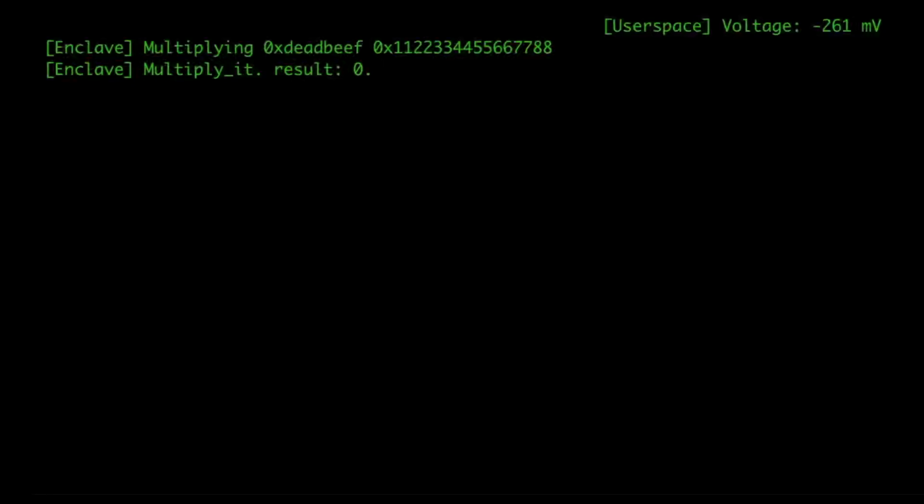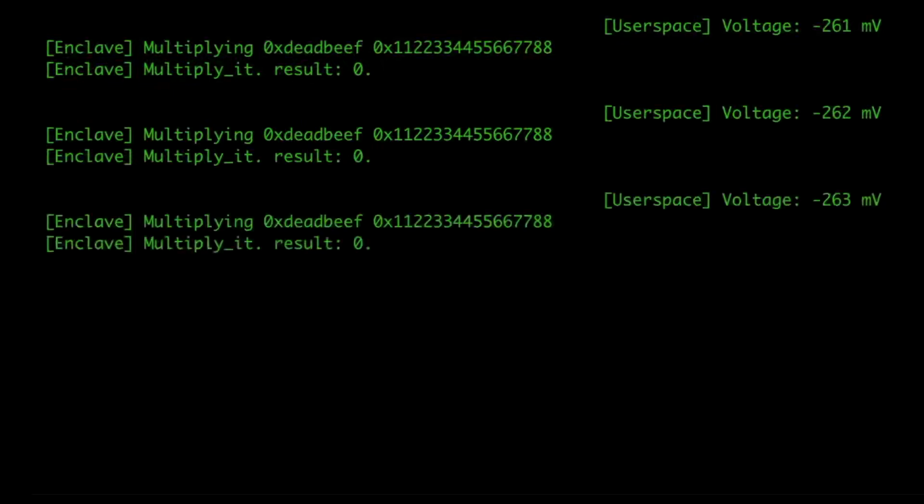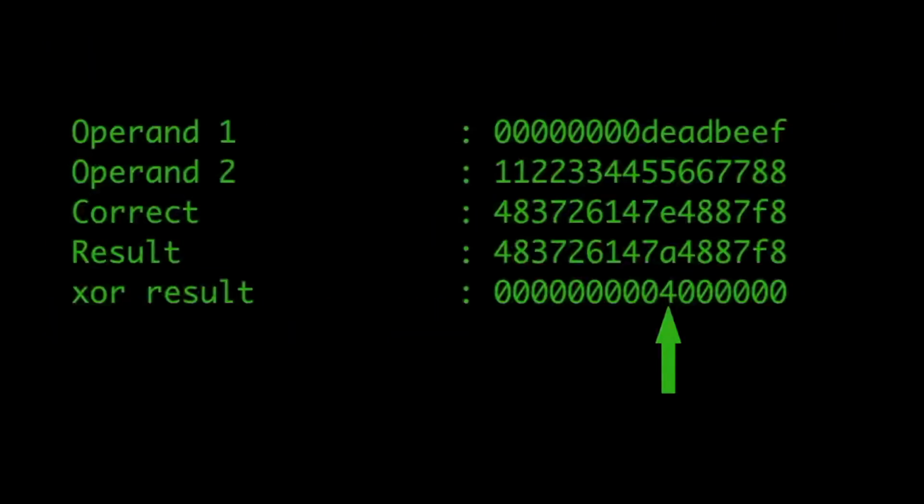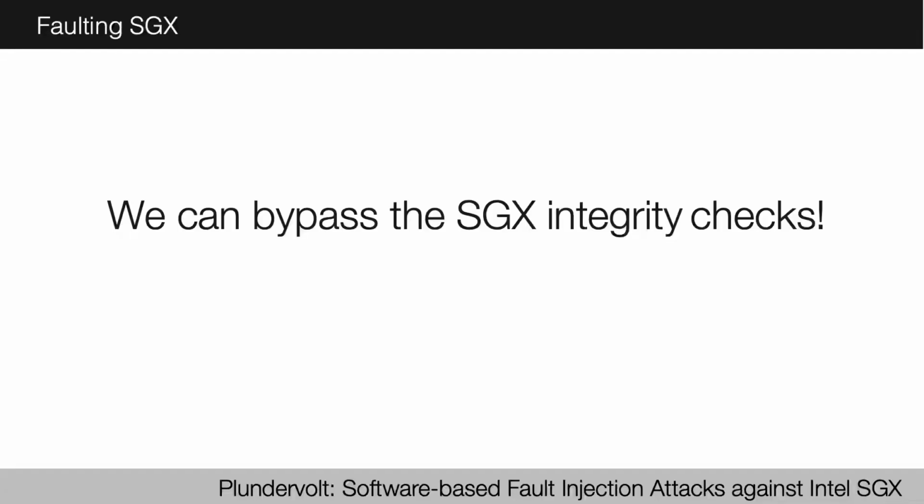The right-hand side is user space and the left-hand side is enclave SGX multiplications. And as you can see, we've got a fault. And it's the same fault that we had in user space. We can bypass the SGX integrity check by inducing a fault whilst SGX is running computations.